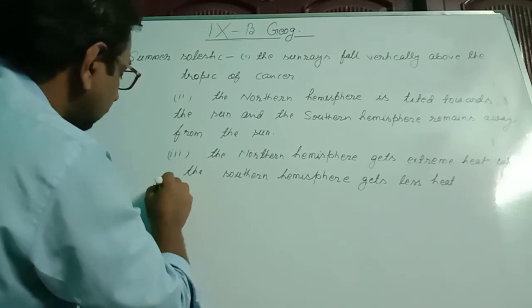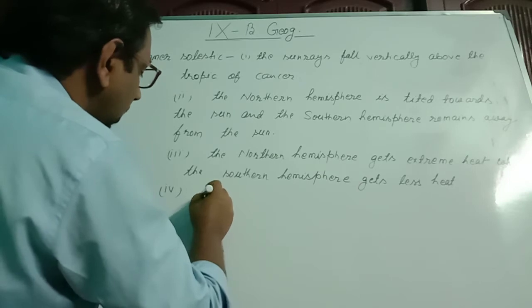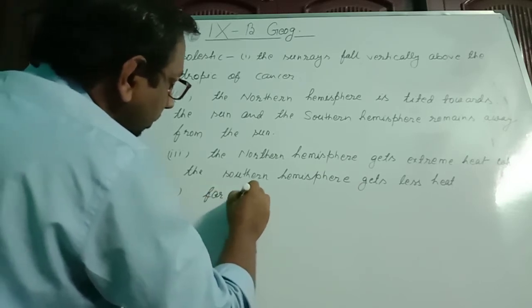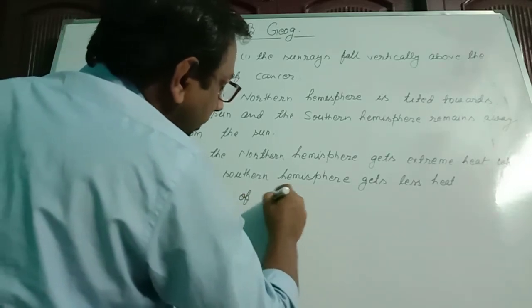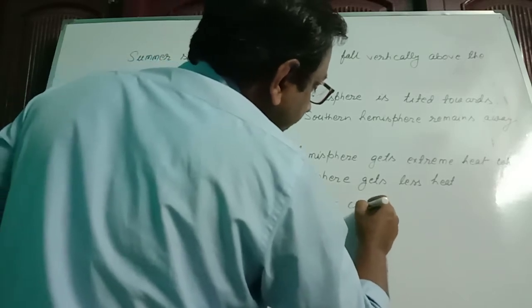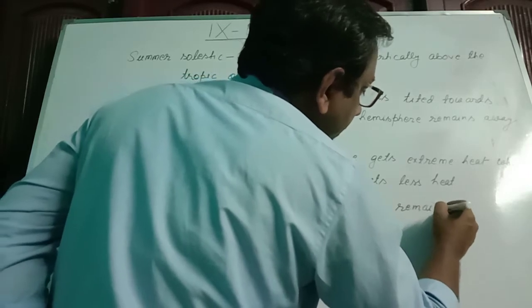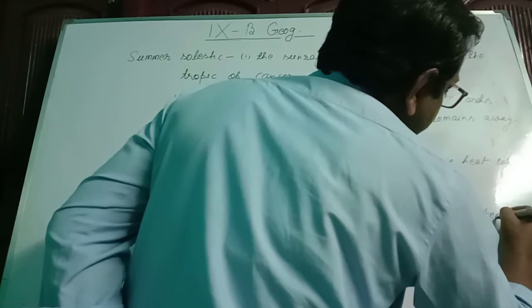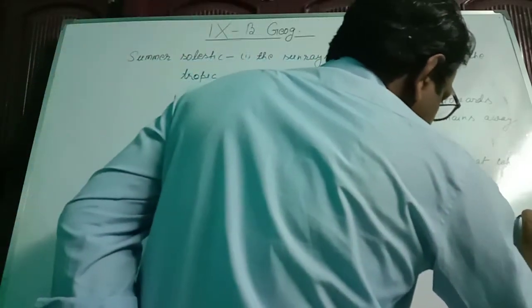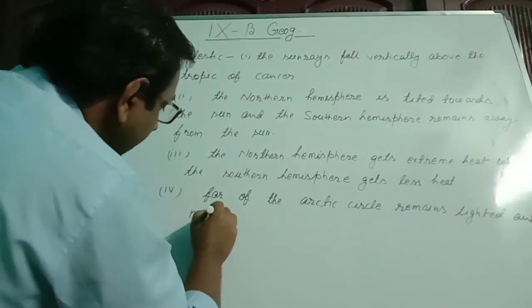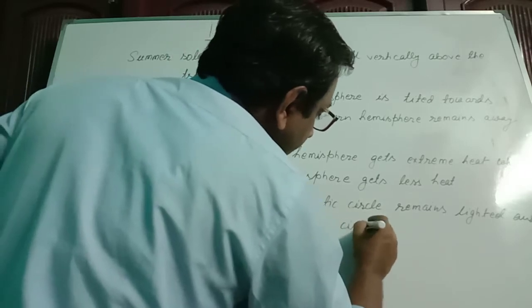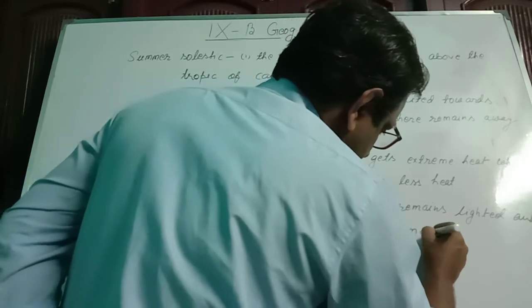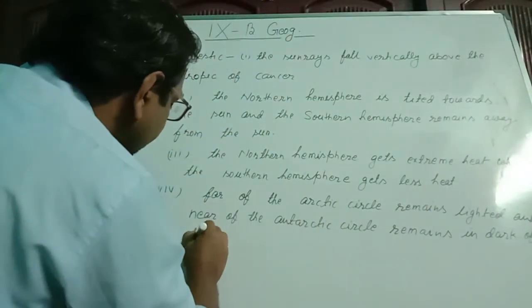Number 4, far off the Arctic Circle remains lighted and near of the Antarctic Circle remains in dark of the earth.